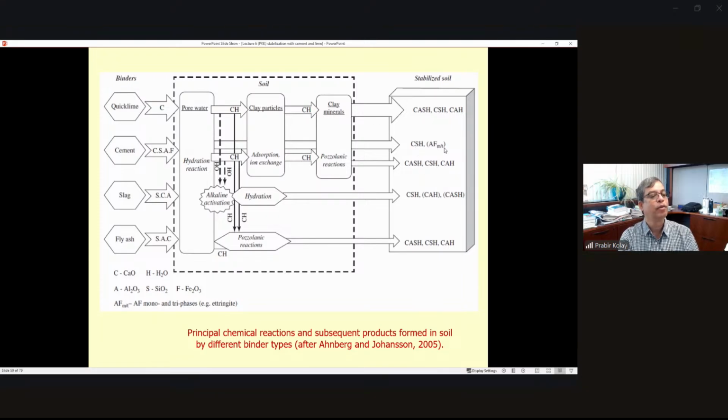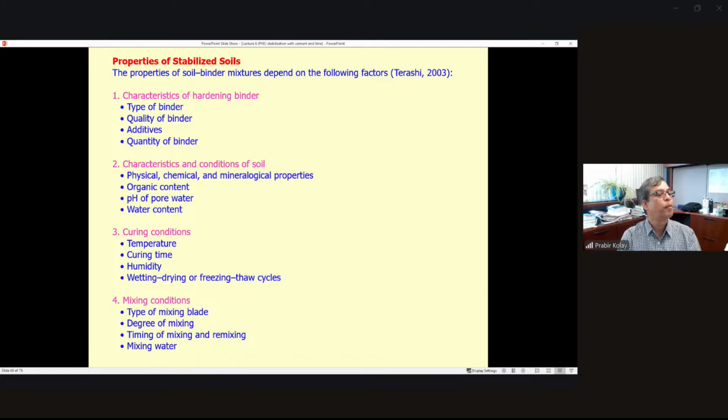This is the ettringite form, and calcium aluminate. So these are a few different ones: ettringite, monosulfate aluminate, or trisulfate. I'm going to talk about that maybe in the next class.